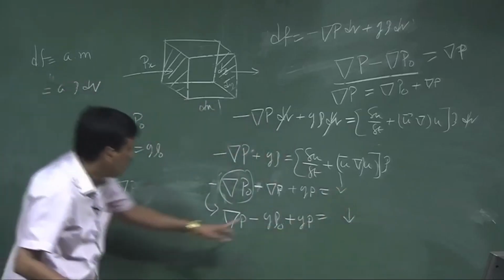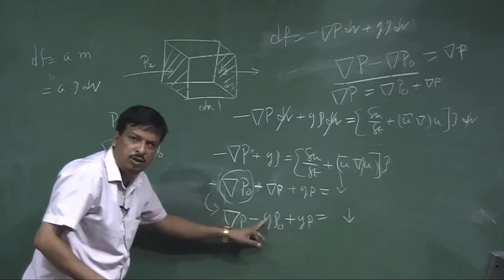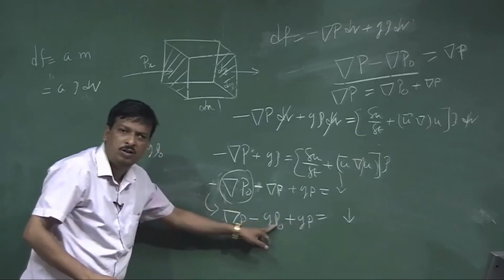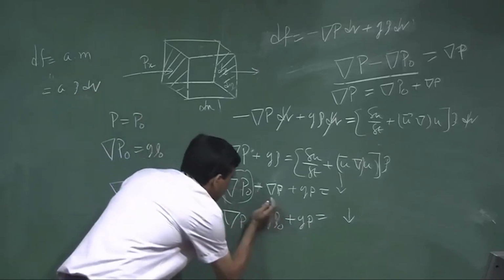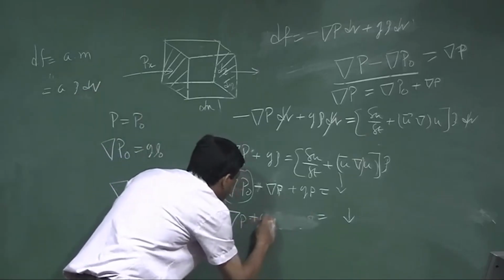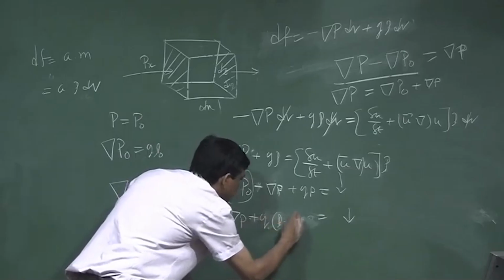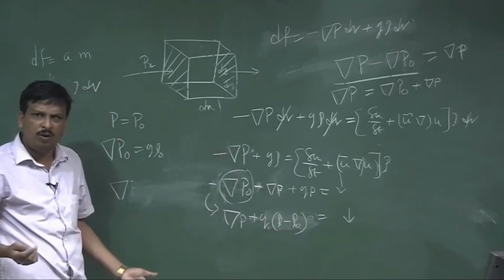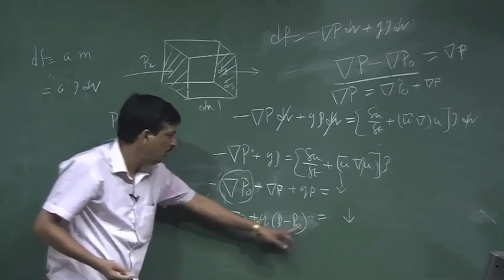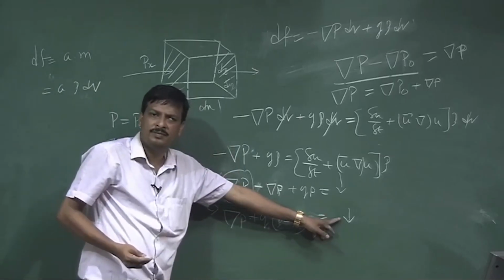Okay. So, Gρ0 terms cancel. If I consider G as common, this is nothing but plus G(ρ minus ρ0), is equal to the same thing.